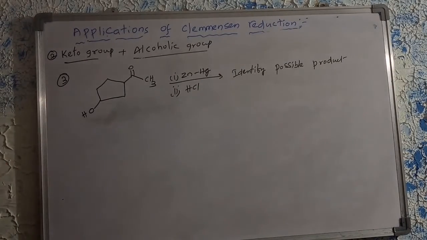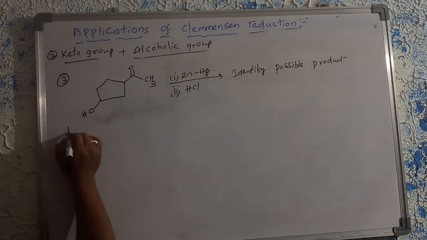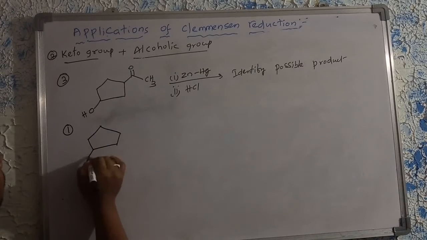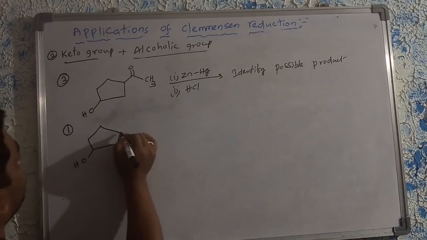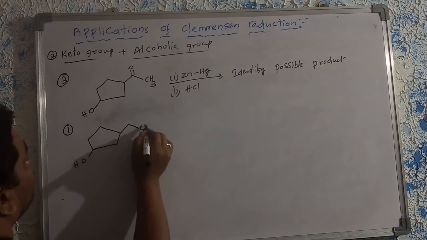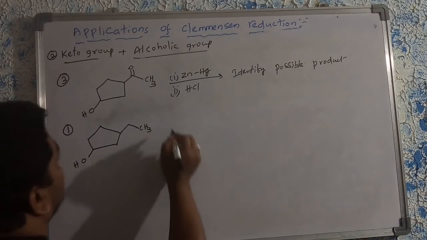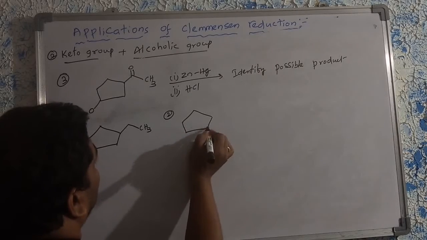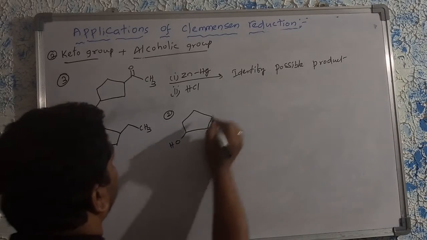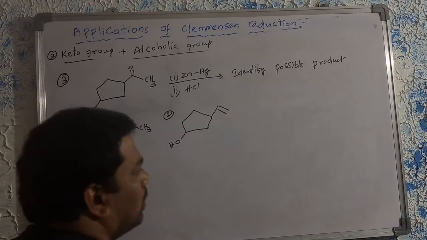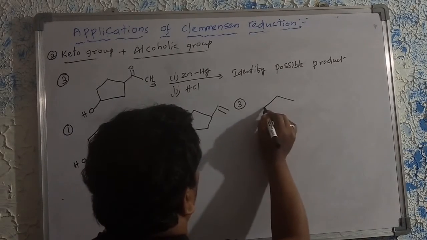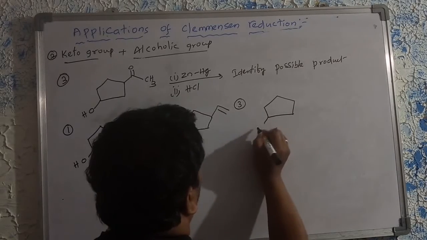The options are: first option OH, CH3; second option, OH, Cl; fourth option, Cl. So these are the given options.